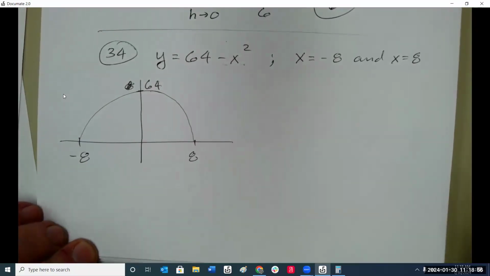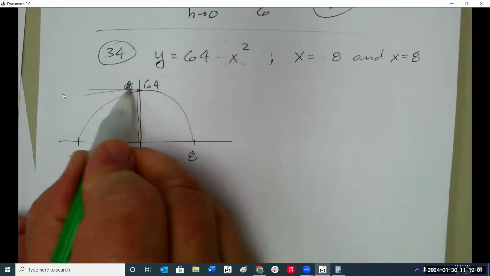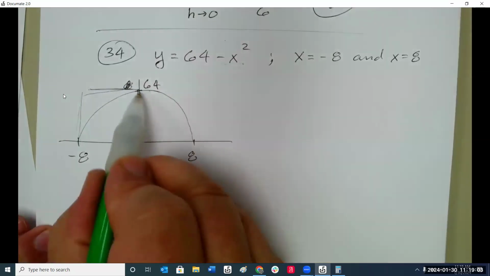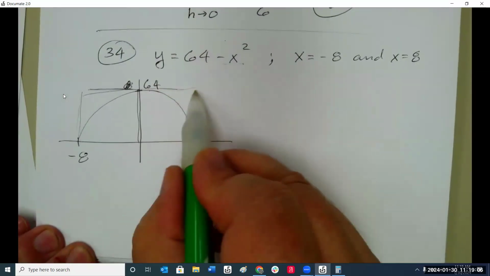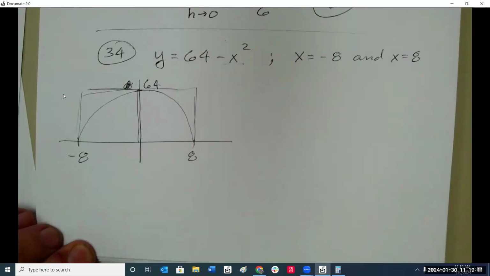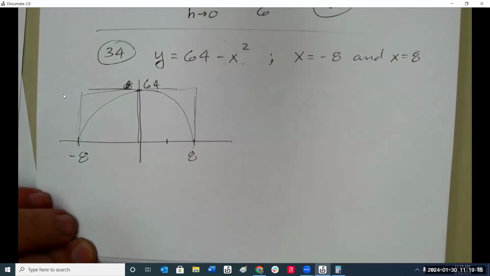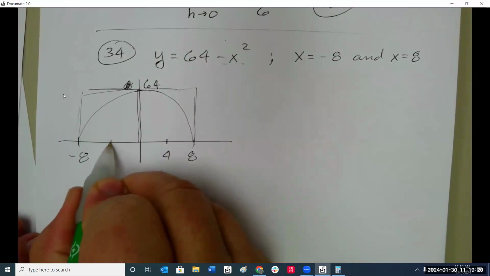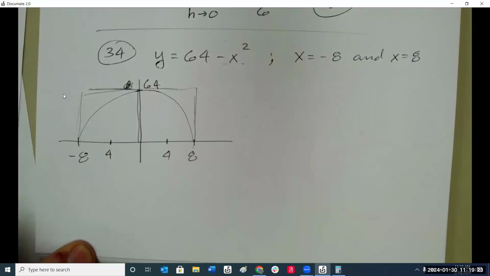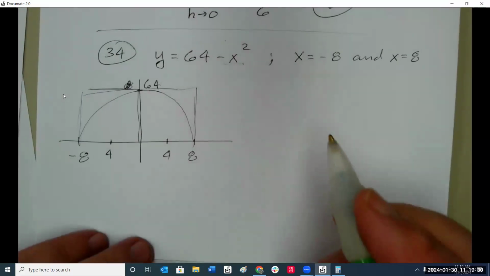Now it's saying that using 2 rectangles, the midpoint of the rectangle's base is at 4. So we're taking the sum of 2 rectangles.